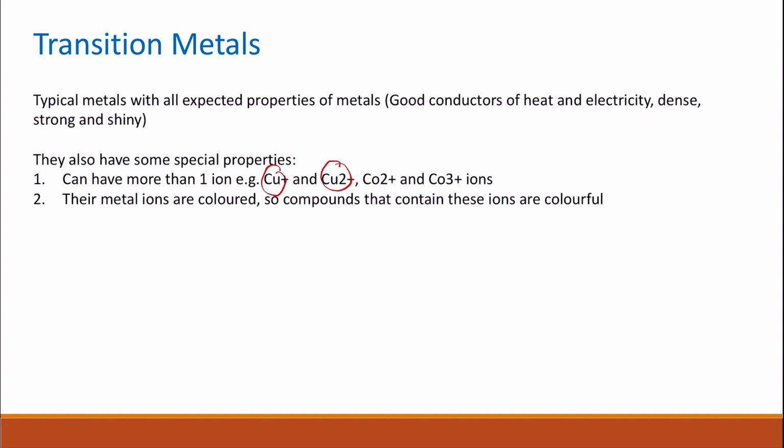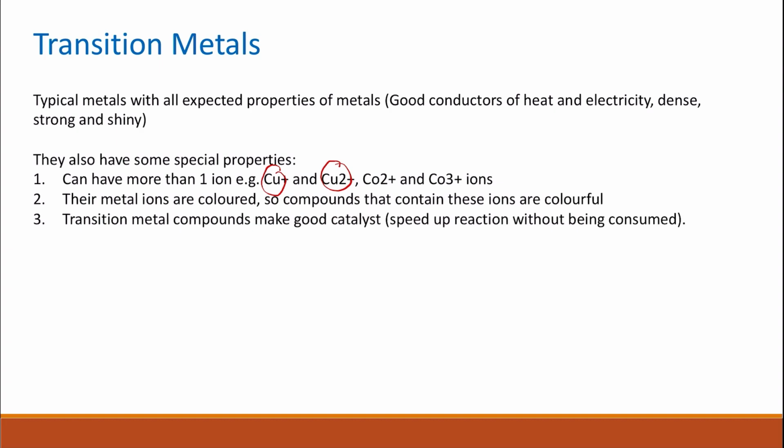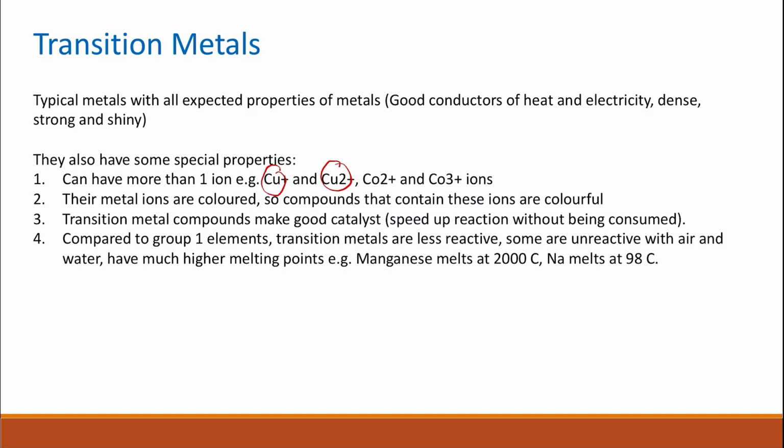The metal ions are colored. The transition metal ions are colored, so the compounds that contain the transition metal ions are colorful. Transition metals can make good catalysts, so they are used as catalysts. When we compare the transition metals with group 1 elements, for example, you're going to find that transition metals are much less reactive.